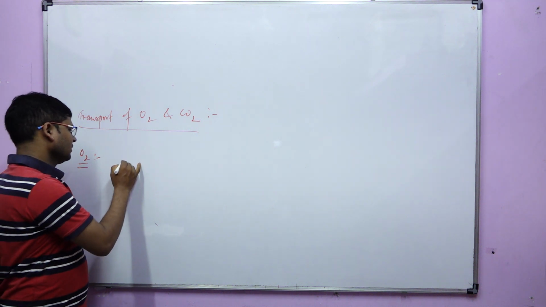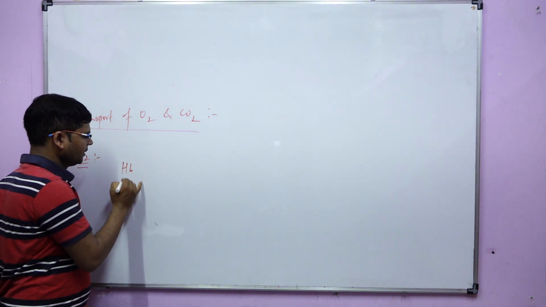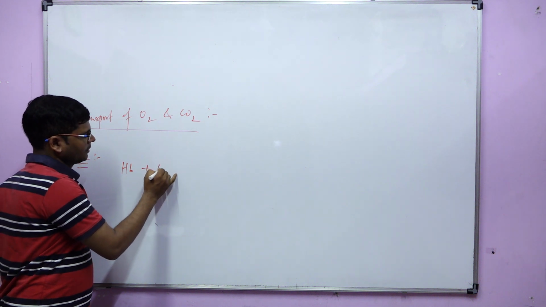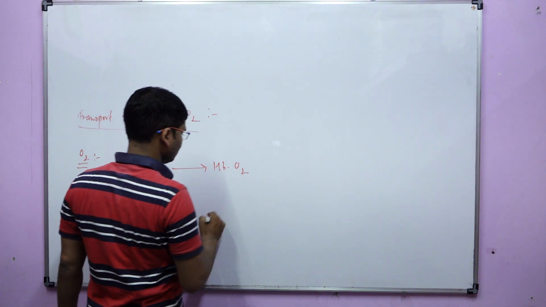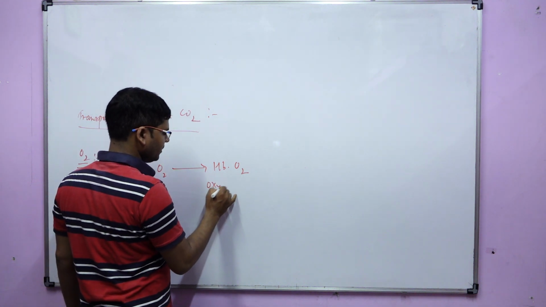What happens in the lungs? It combines with hemoglobin and forms HbO2, that is oxyhemoglobin.